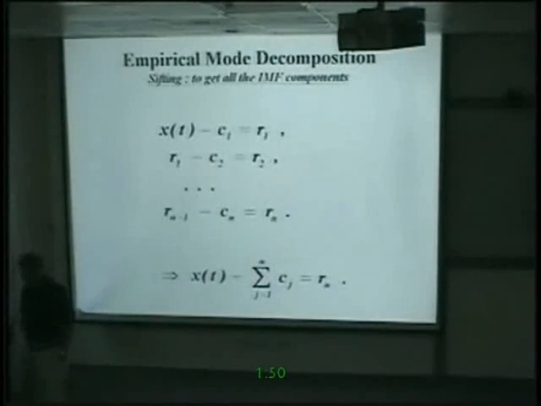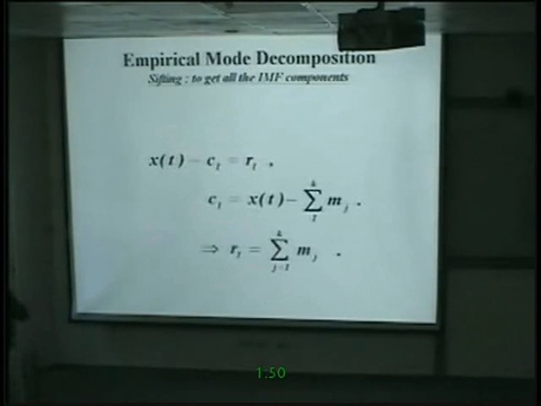Now, once I have that C1, then x minus C1 equals R1. R1 minus C2 equals R2, and so on and so forth, until I get x minus the sum. This I've already talked about. Now I'm going to see what these C's and R's are.